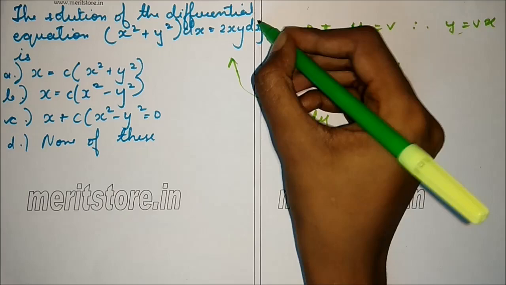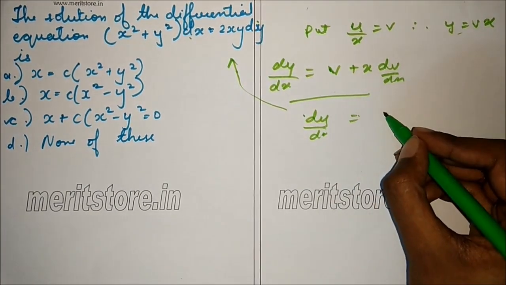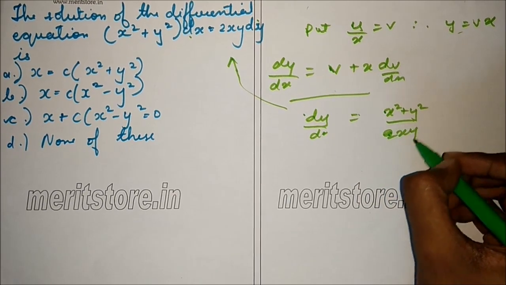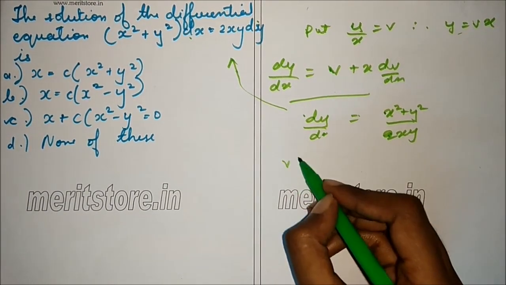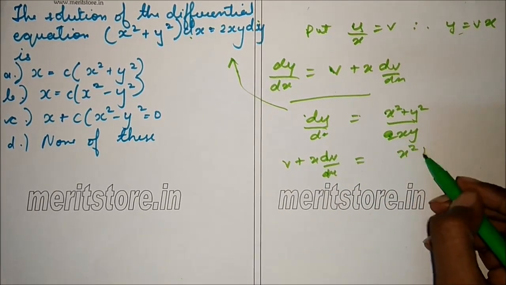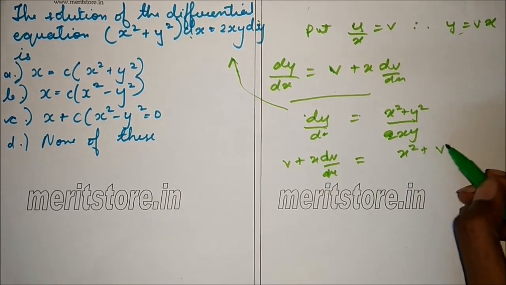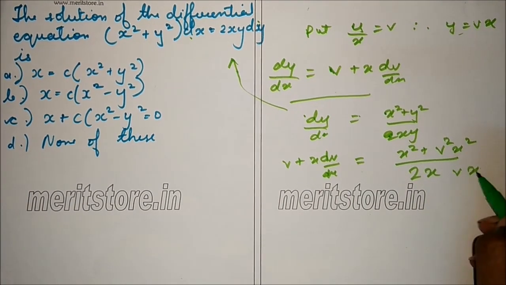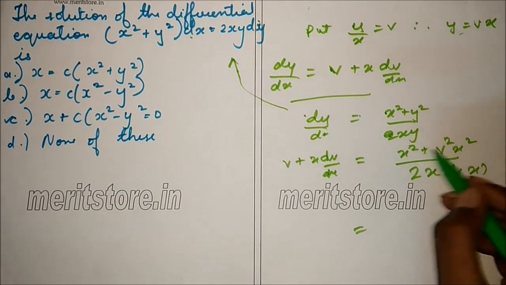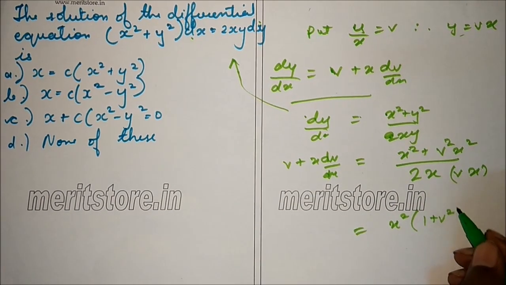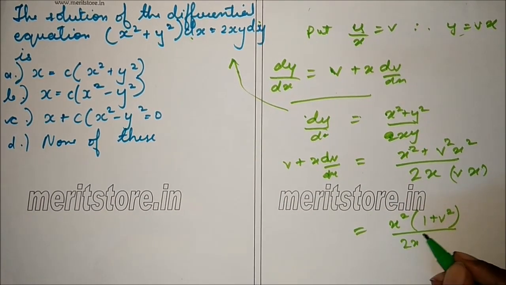dy by dx is equal to x square plus y square by 2xy. So we substitute this, we get v plus x dv by dx is equal to x square plus y is vx, so v square x square, divided by 2 into x into vx. So taking x square common, we get x square into 1 plus v square by 2x square v.